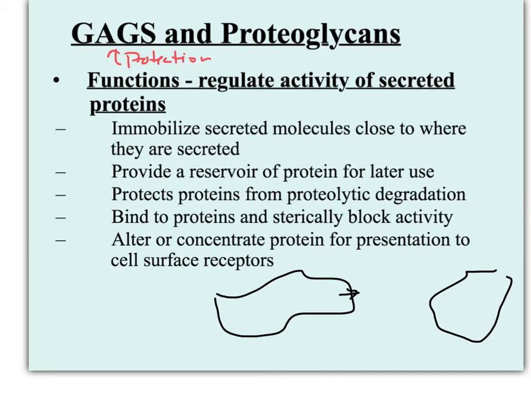Let's say through the process of exocytosis, it's secreting a molecule. You're going to have a higher concentration here. It's going to be less as it gets further away. And that's because this is not an empty space here. Between these two cells, you actually have extracellular matrix, and they're trapping some of the secreted molecules as they're being secreted.